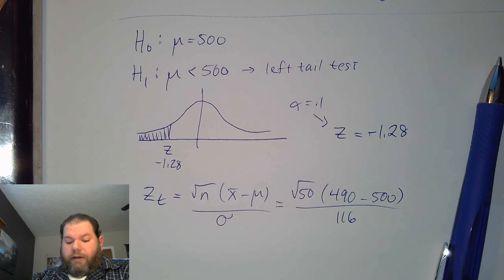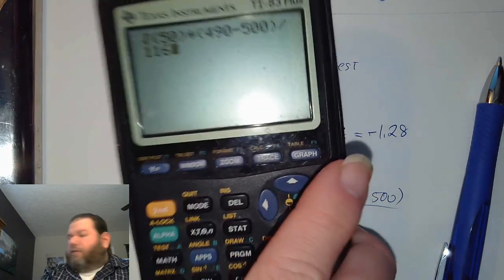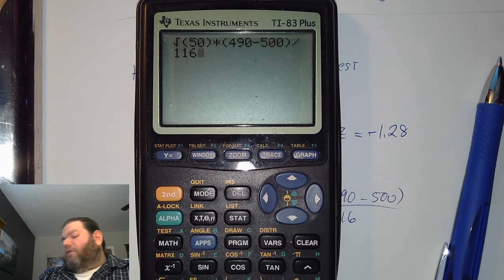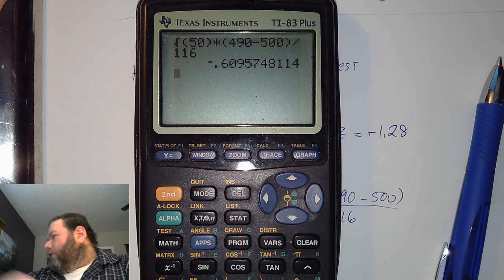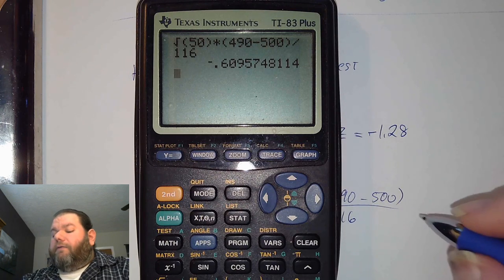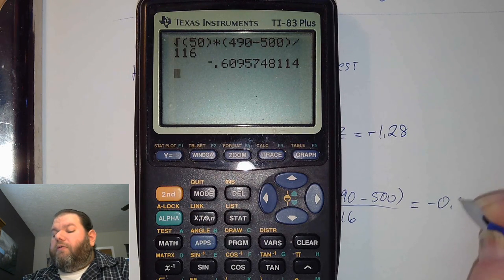Root 50 times 490 minus 500, and then divide by 116. Oh, very good. So we get a value of negative 0.61.